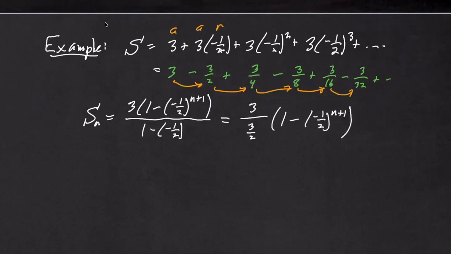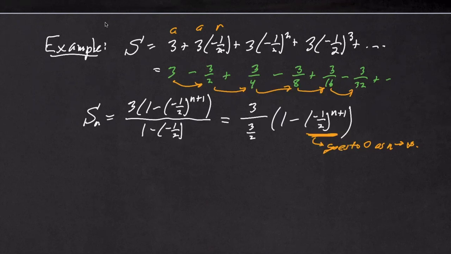And now as n goes to infinity, again, even though it's a negative number, in absolute value it's smaller than 1. So when you take powers of negative 1/2, they still go to 0. Goes to 0 as n goes to infinity. And so this term will go away.